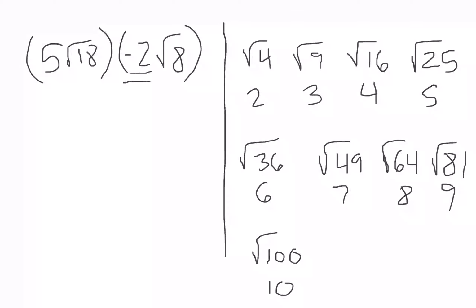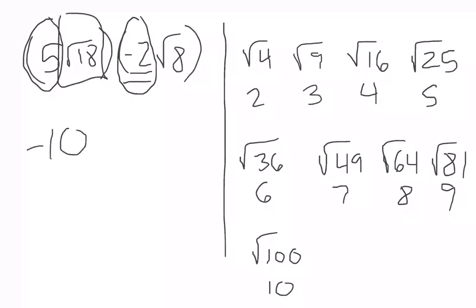So when I'm looking at these examples, again, I'm going to take my whole numbers and multiply them together. So 5 times negative 2 is negative 10. And I'm going to take my radicals and multiply them together. And 18 times 8 will give me the square root of 144.